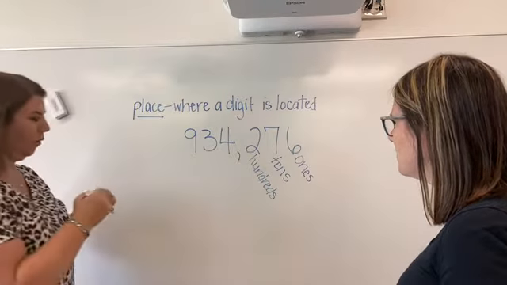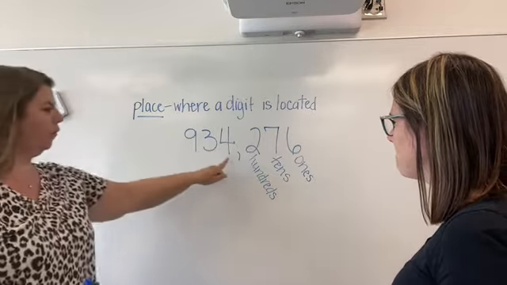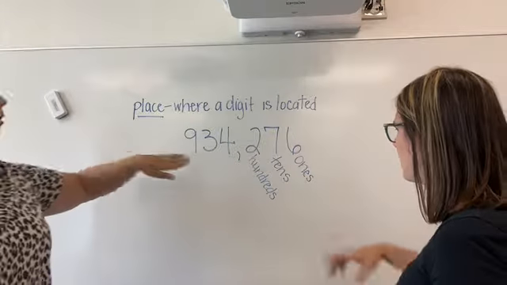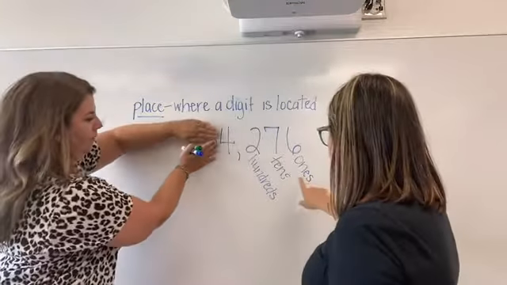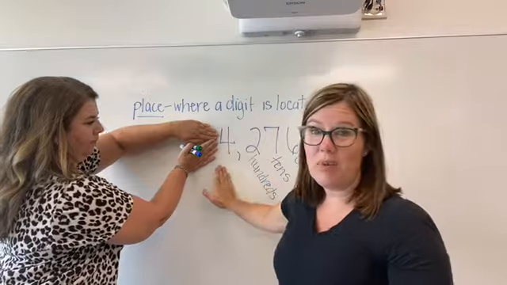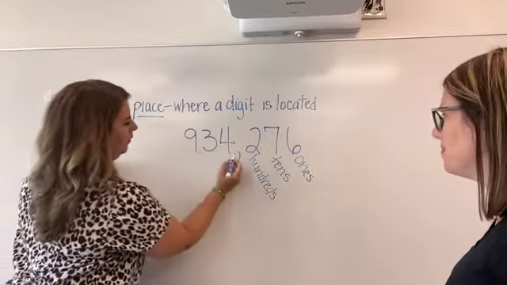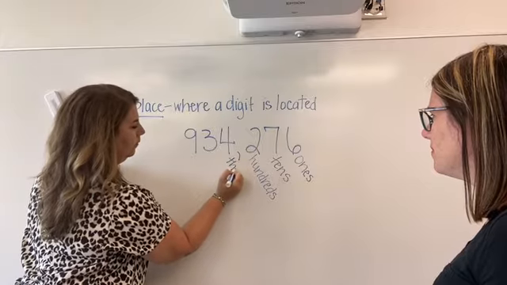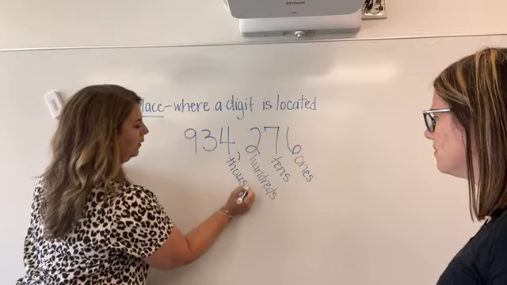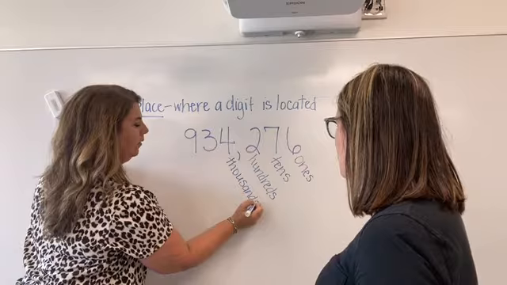All right, let's work our way up. I think we'll just go to the 4 and we'll just work our way this way. So okay, the 4. So ones, tens, hundreds. Then this would be the thousands. Good job. And now the 3.